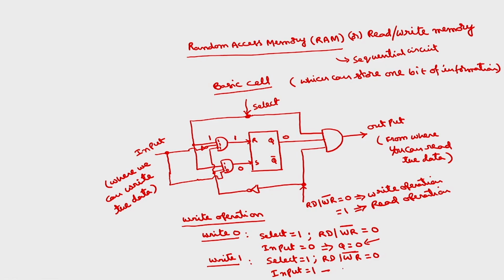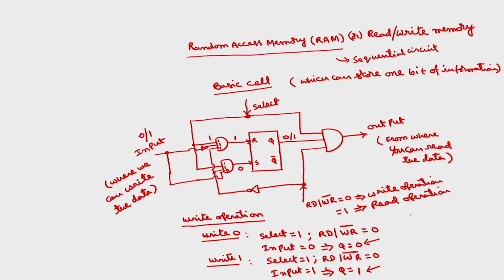Now if I evaluate, because now this will be reversed, the output of the first AND gate becomes 0, the second AND gate becomes 1, so Q becomes 1. This is how you can write 1 bit of information. If you want to write a 0, you take a 0 here. If you want to write a 1, you take a 1 here. So automatically Q becomes 0 or 1. This is how we can write.